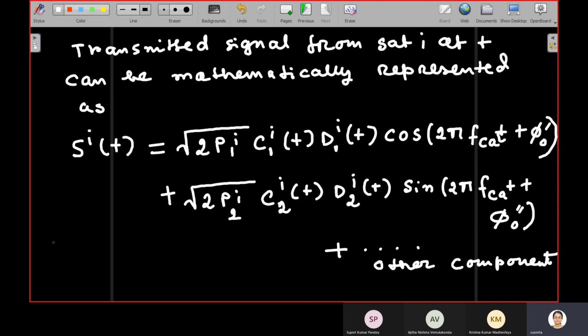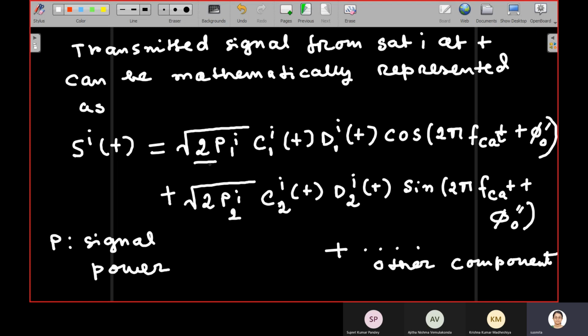Now this P represents signal power. We defined signal power in a previous class, and we also discussed how, given a signal, we can find the signal power. Just use the sinusoidal signal, sine or cosine function, and use that formula to find the signal power. You will see that the amplitude is actually given by the square root of 2P.